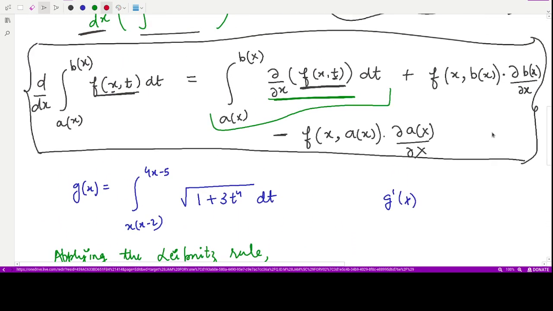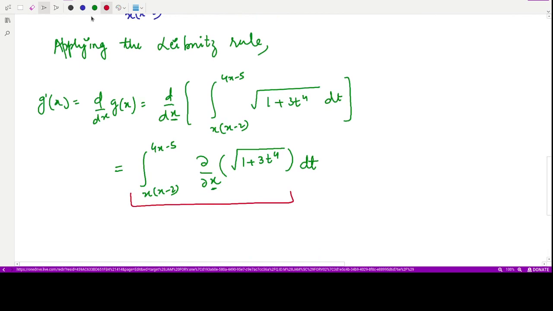Now for the second term, you have to write the function's value, where you replace t with the upper limit first, and then multiply by the derivative of the upper limit partially with respect to x. So let me write down.